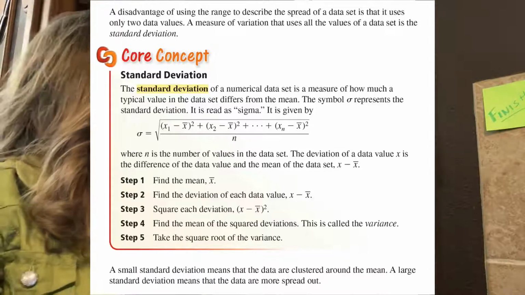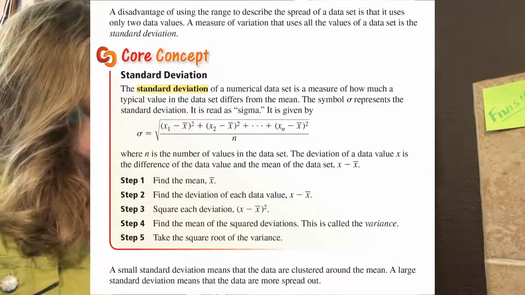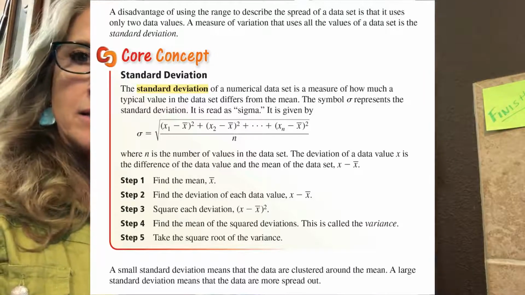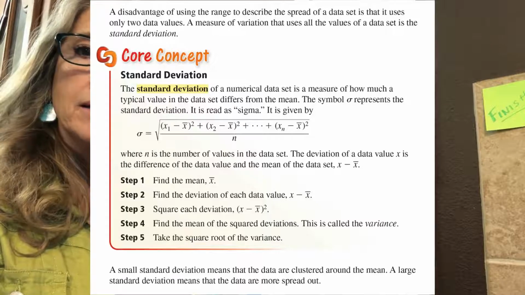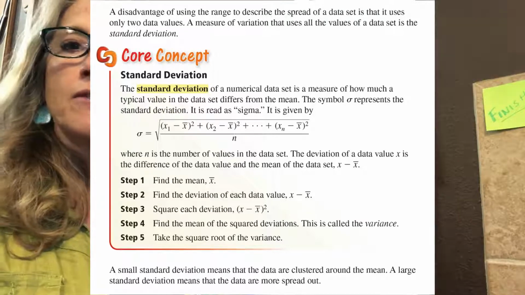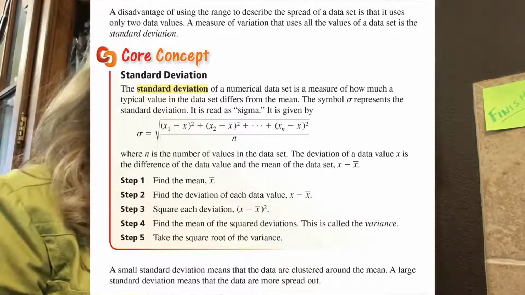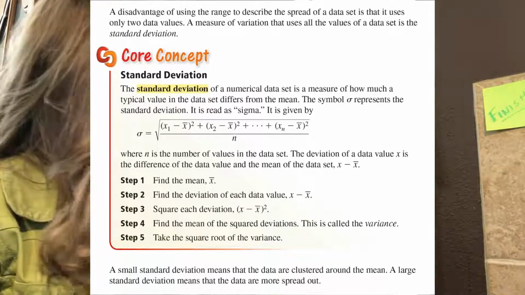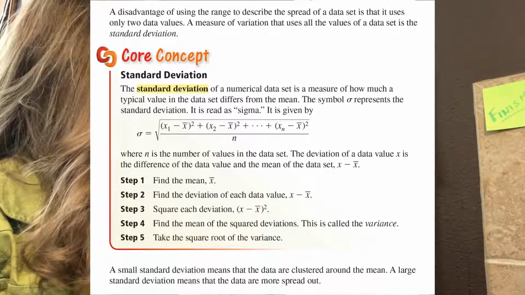It is given by sigma equals the square root of each value in the data set minus the mean squared. Add it all together and divide it by the number of data in the data set.